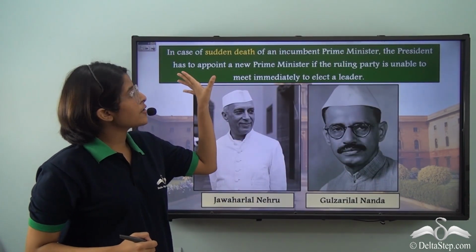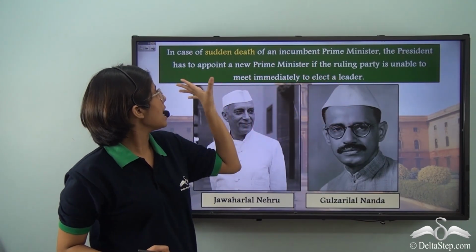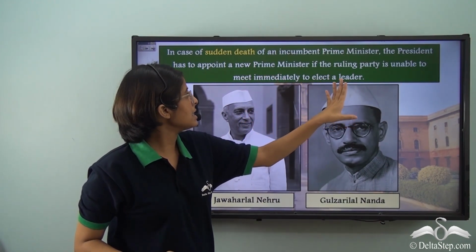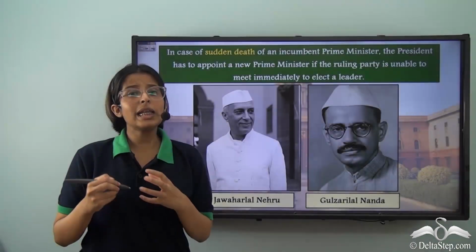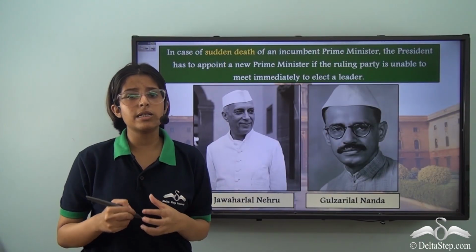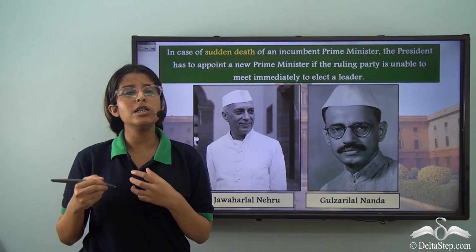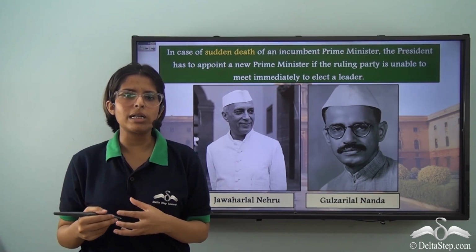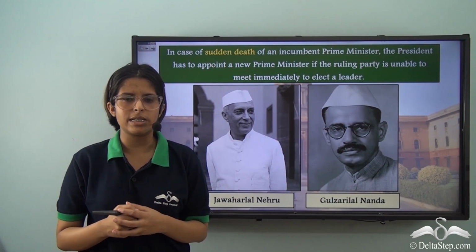In case of sudden death of an incumbent Prime Minister, the President has to appoint a new Prime Minister if the ruling party is unable to meet immediately to elect a leader. So in case of sudden death of a Prime Minister in office, the President's duty is to appoint a new temporary Prime Minister in case the ruling party is not able to immediately meet and elect a new Prime Minister.